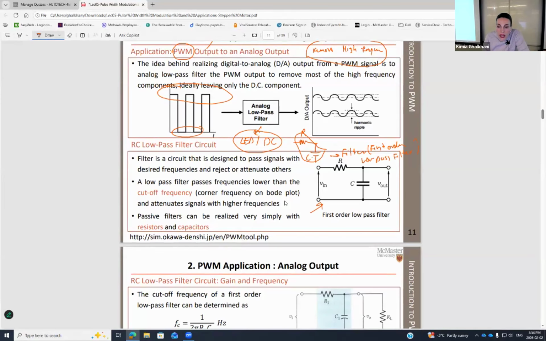So we need to select a proper resistor. We need to select a proper capacitor. And when I have those two, then my low pass filter has a cutoff frequency. You know the cutoff frequency. Who knows what is cutoff frequency? It means I can stop right at a certain voltage, not going above that.